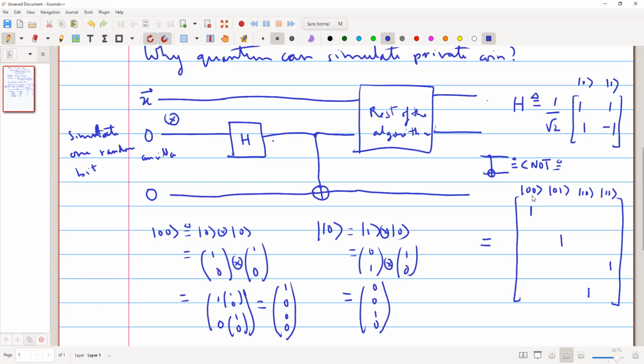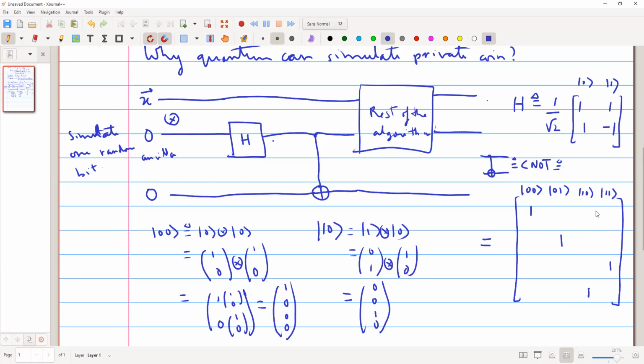The first wire is treated as the control bit, and the second wire, the second bit, is treated as the target bit. So control knot says do a NOT operation on the target bit, provided the control bit is 1. If the control bit is 0, do identity, that is, do nothing. So when the control bit is 0, that is the first bit is 0, I'm doing identity on the second bit. So you can see the identity matrix here.